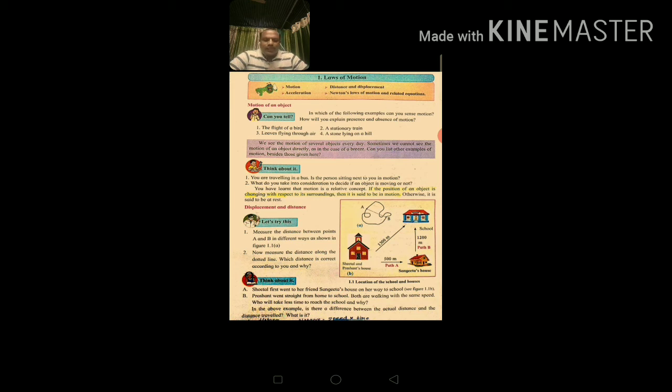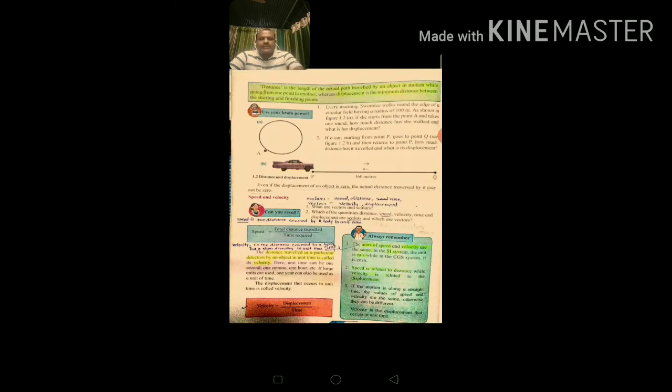Now, another activity on the second page. Every morning Swarali walks around the edge of a circular field having a radius of 100 meters. She starts from point A and takes only one round.